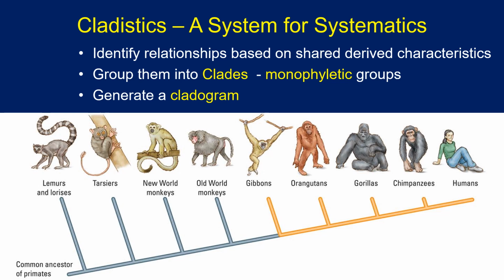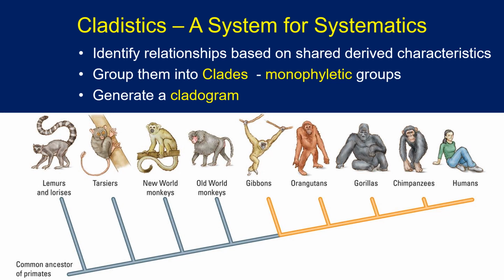So that ancestor evolved those traits, and then it branched out and gave rise to the other species or groups that we see in our clade. When we do this, the phylogenetic tree that we create is known as a cladogram.